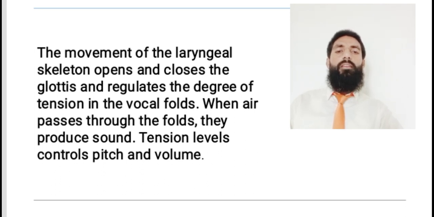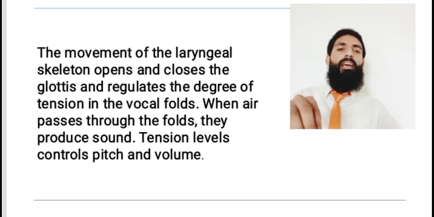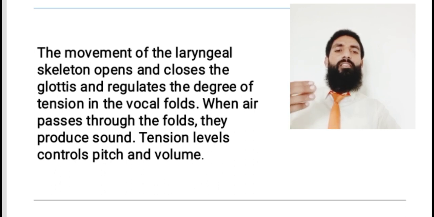When there is a movement in the laryngeal skeleton, it opens the glottis and regulates the degree of tension in the vocal folds. Then the vocal folds vibrate. They show some type of oscillations, and the air passes through the folds. These also open and close. Air passes through the folds, and passing air vibrates the folds, and hence the sound is produced.